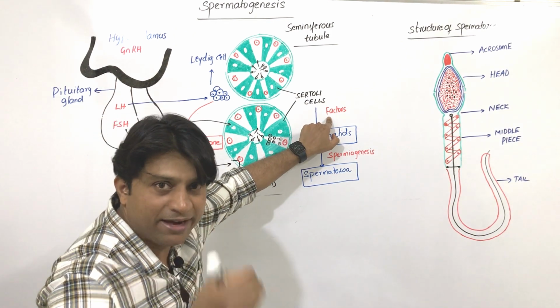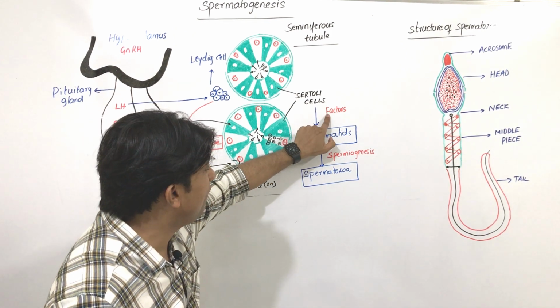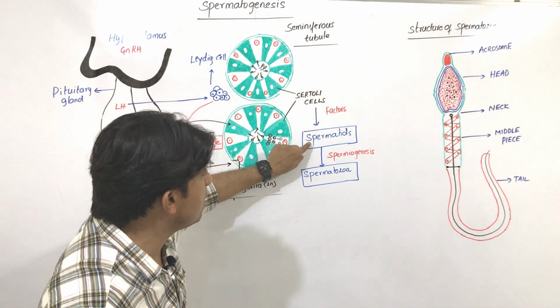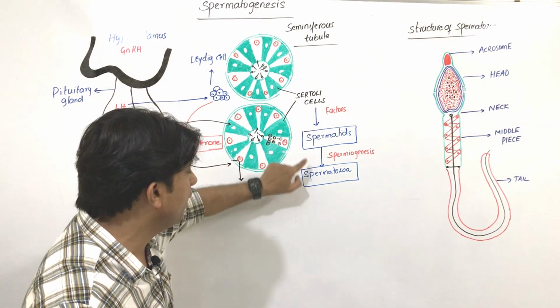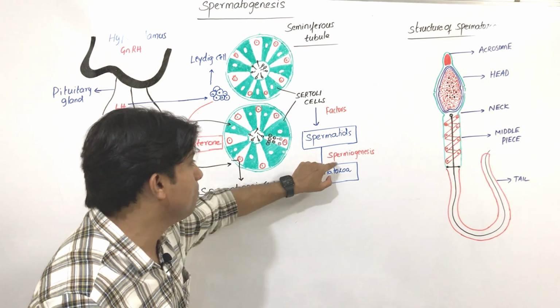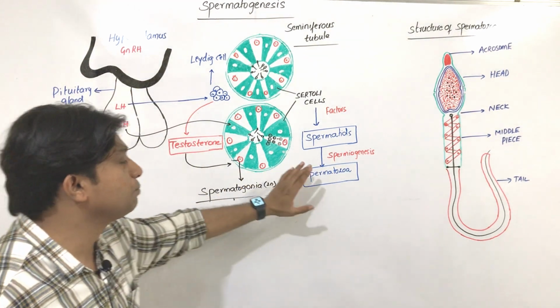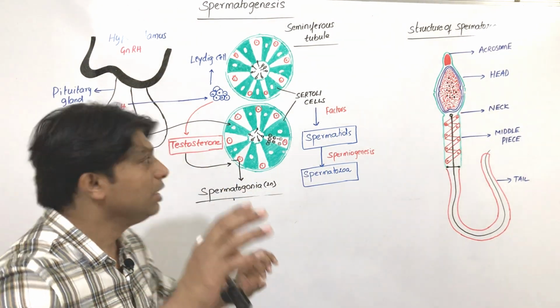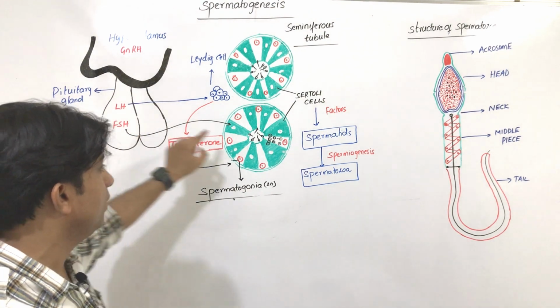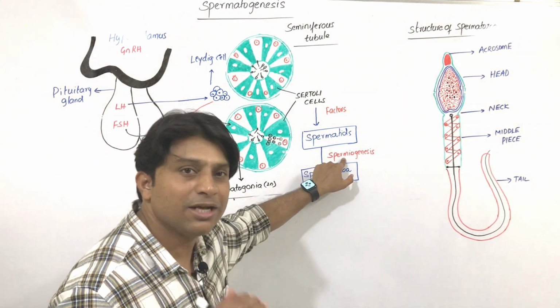These several factors are responsible for conversion of spermatid into spermatozoa by a process known as spermiogenesis. So the role of FSH is spermiogenesis.